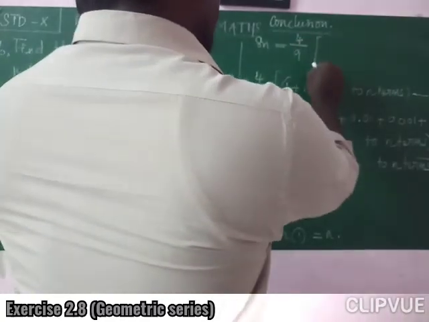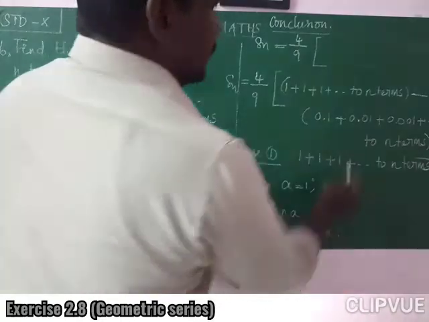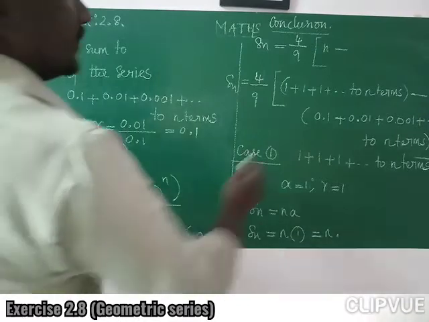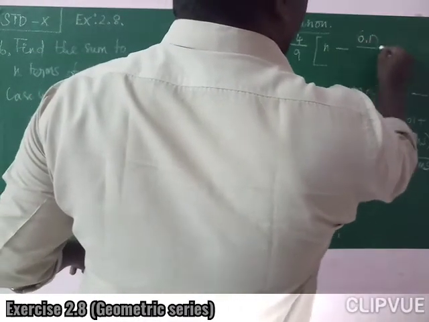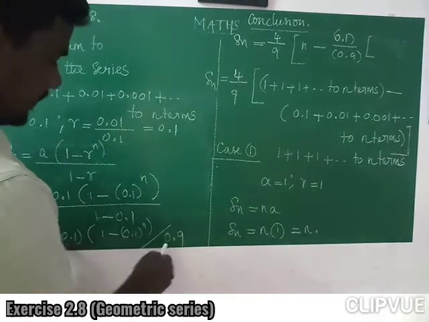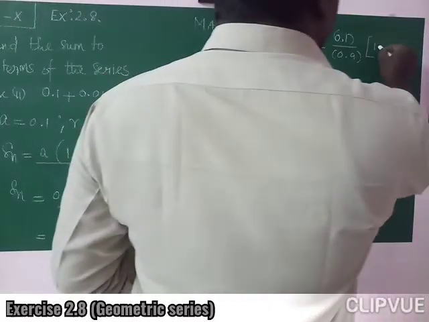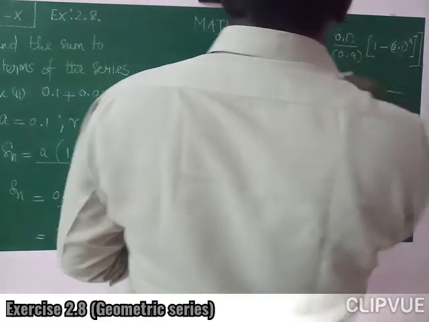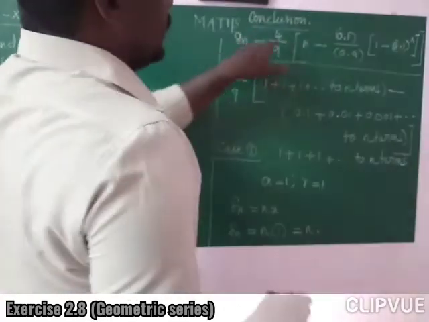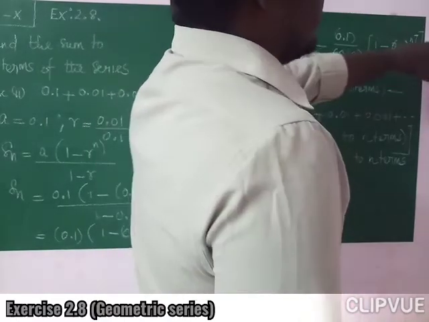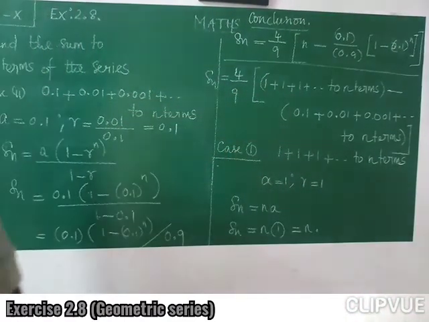Sn equal to n minus, instead of this series, we can write this one, 0.1 by 0.9 into 1 minus 0.1 whole power n. This is the required answer. So Sn equal to 4 by 9 of n minus 0.1 by 0.9 of 1 minus 0.1 whole power n. This is the required answer.